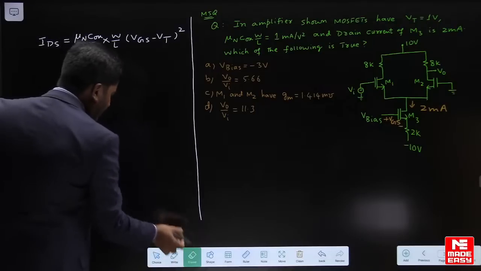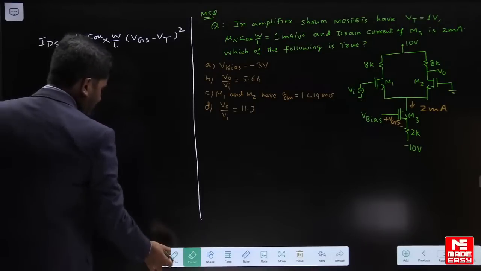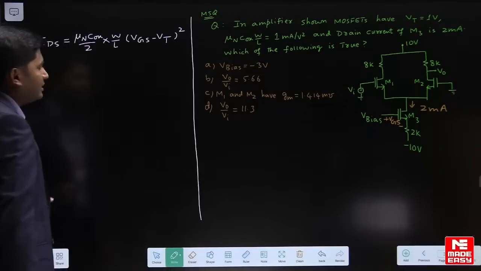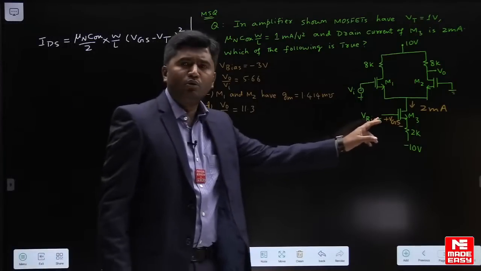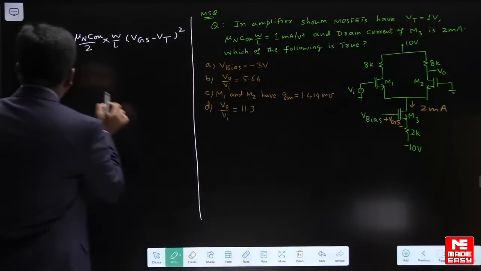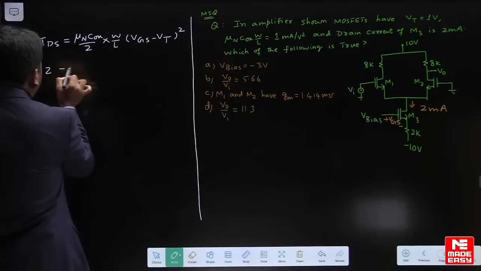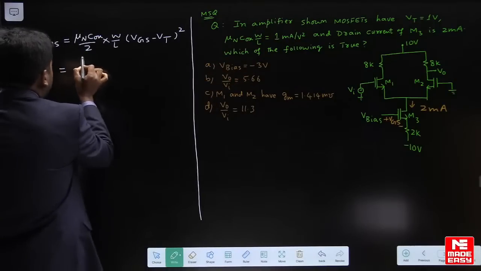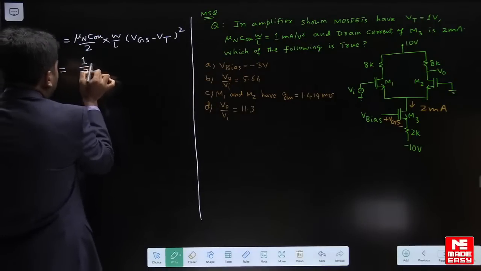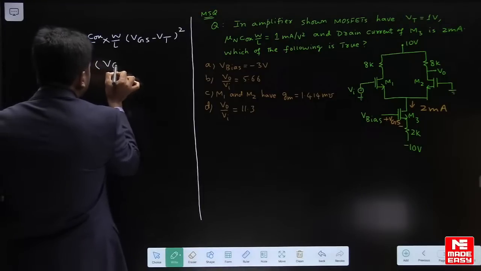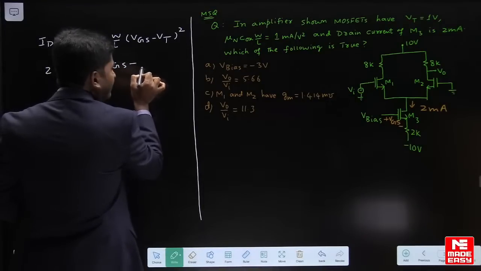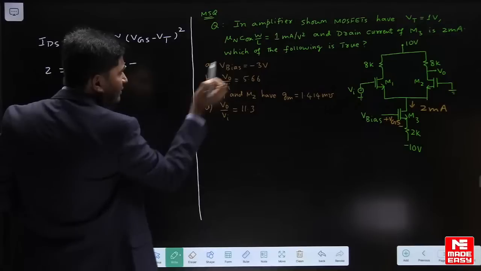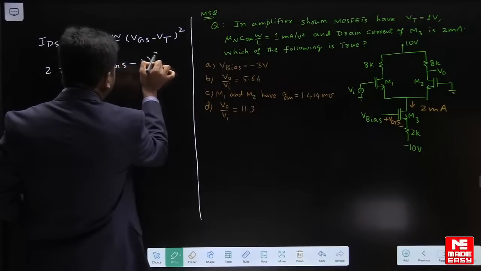I have written here the current equation for MOSFET when it is in saturation region. That current we can substitute 2 milliampere. Current is 2 milliampere, and this parameter is given 1 milliampere per volt square. So 1 divided by 2 into VGS minus VT. VT is a threshold voltage here which is given as 1 volt whole square.